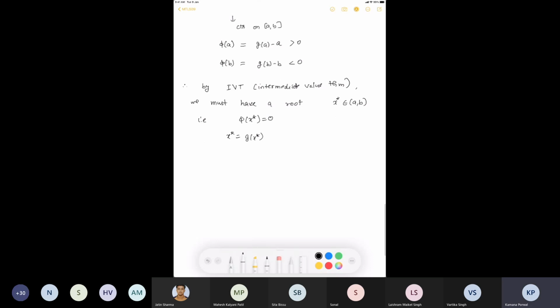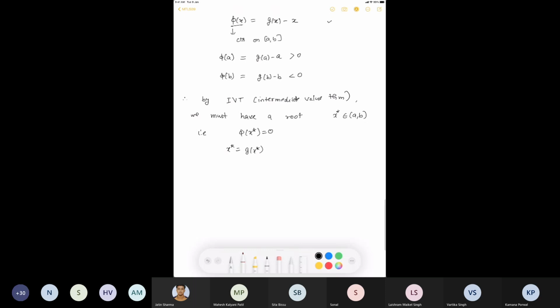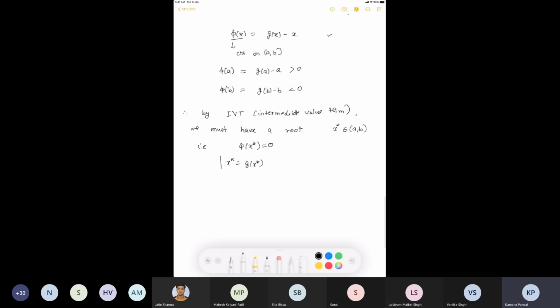So this implies there exists a fixed point. The existence part is okay, right?